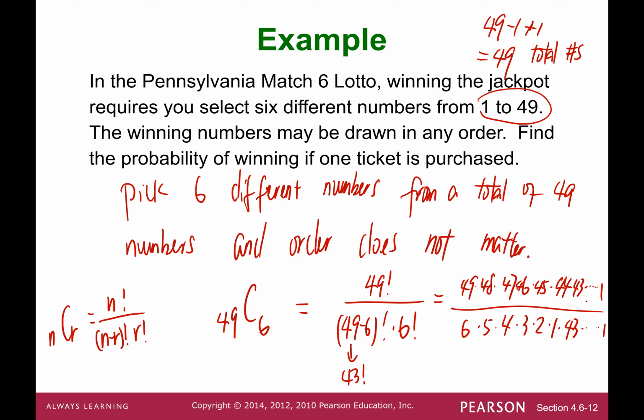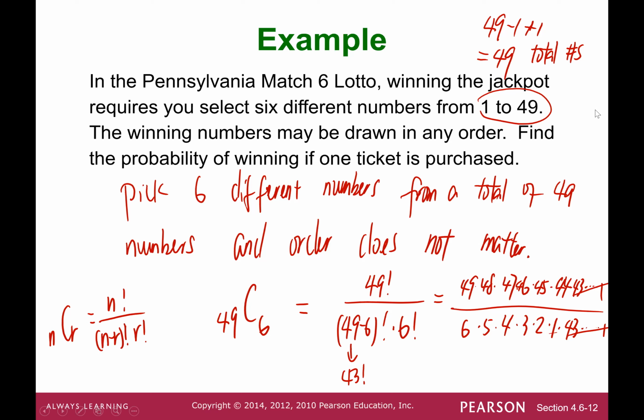Notice that everything from 43 down will be canceled, since it's the same number. That's why when we divide factorials, we can always cancel some numbers. So basically it's just 49 times 48 times 47 times 46 times 45 times 44 divided by 6 factorial on the bottom. And I can show you how to get this done in Excel really quickly.